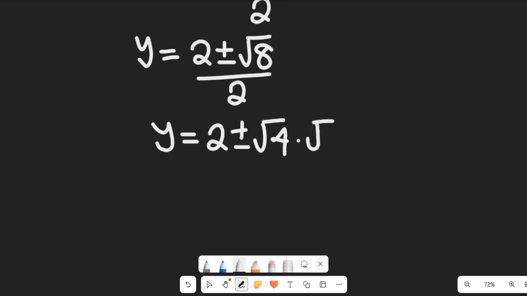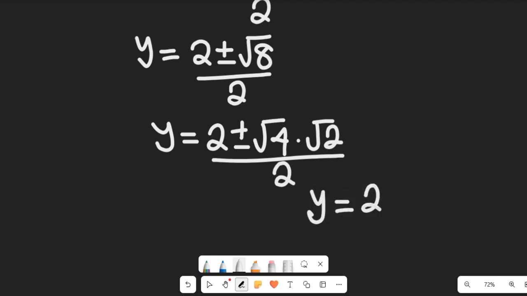The square root of 2, because 4 times 2 is going to give us 8. So this can be divided by 2. So our value of y can be equal to 2 plus or minus square root of 4 is 2 multiplied by the square root of 2, and this will be divided by 2.